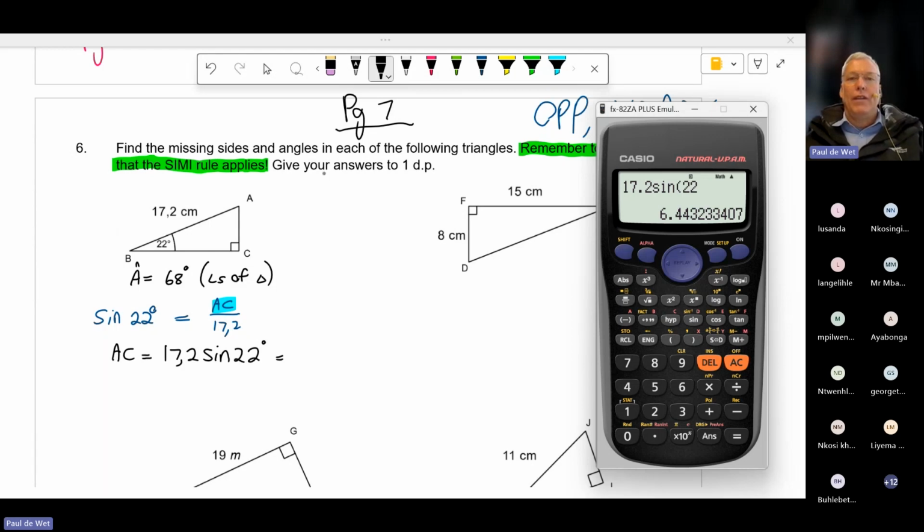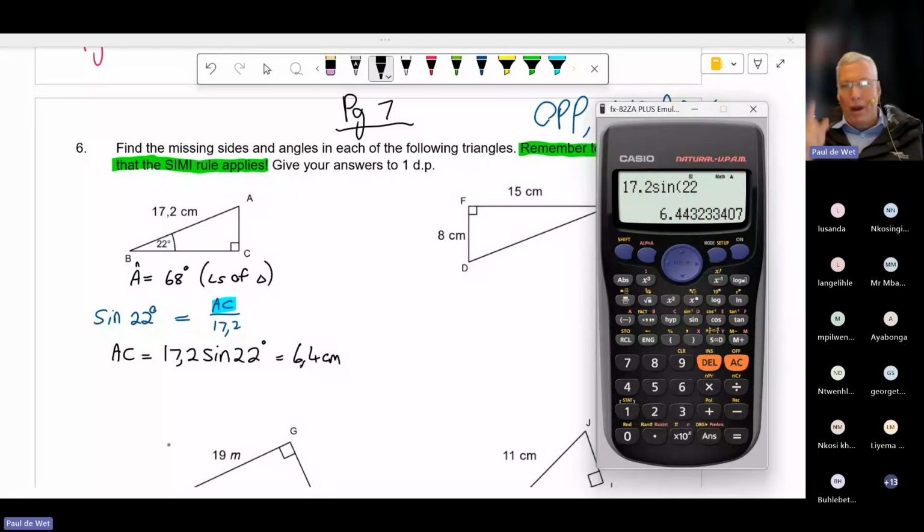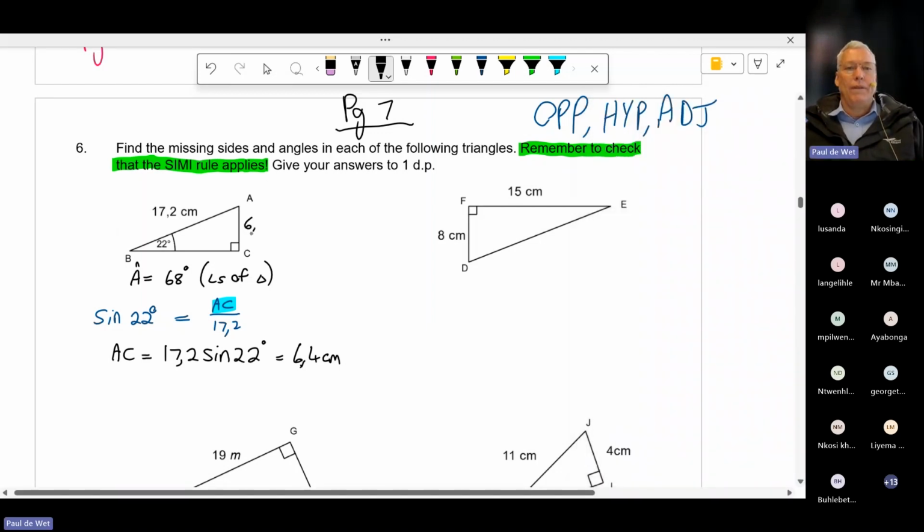The question says to one decimal place. It's actually 6,44, but to one decimal place, 6,4. Now, I know that this is 6,4 and that this is 68.